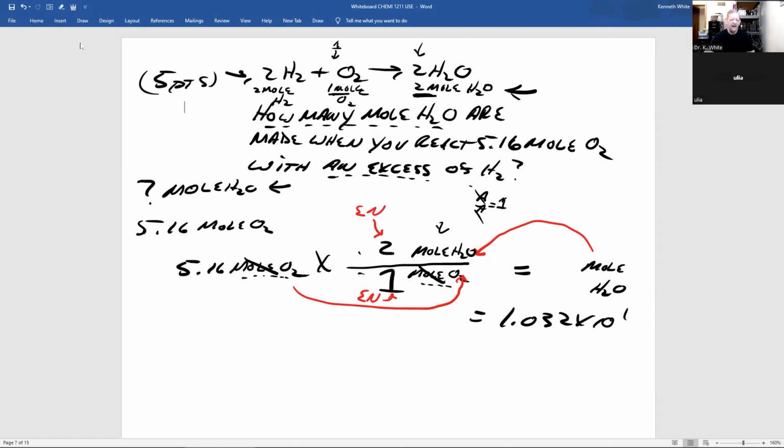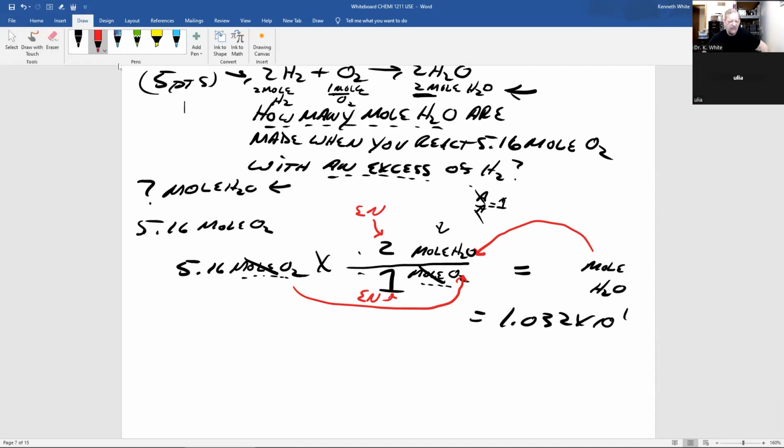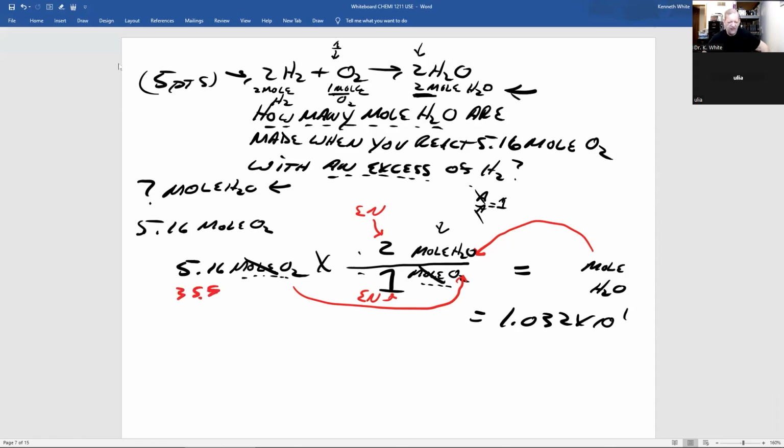Now, when you multiply and divide, you get the same number of significant figures in your answer as the number with the fewest significant figures. And here, this has 3 significant figures. Ooh, we got an exact number here, exact number there. They don't play a role in there.